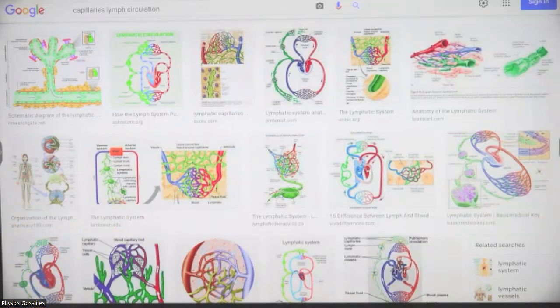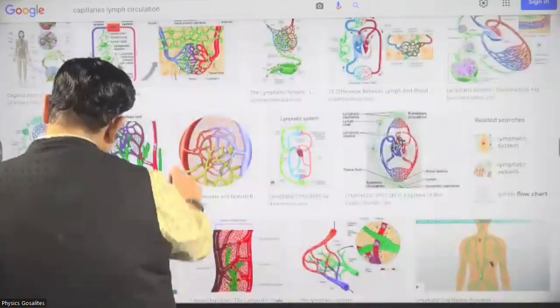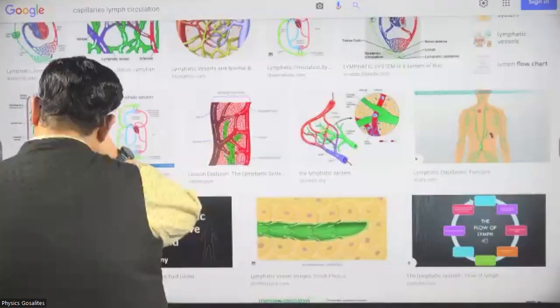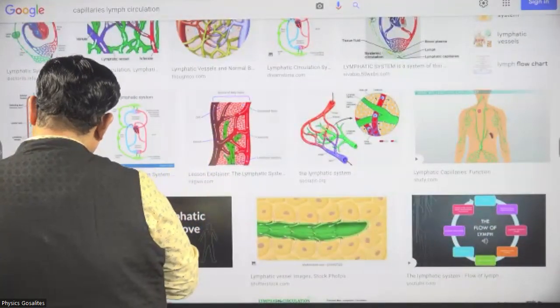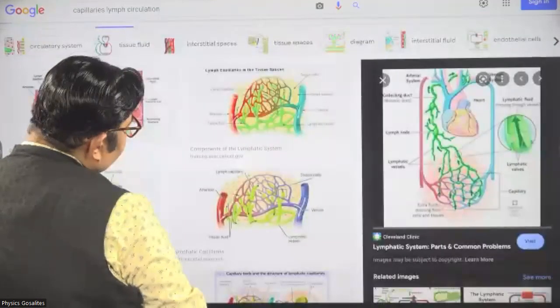I want to use a very simple, simplified diagram of this. We'll try to do it with this one.